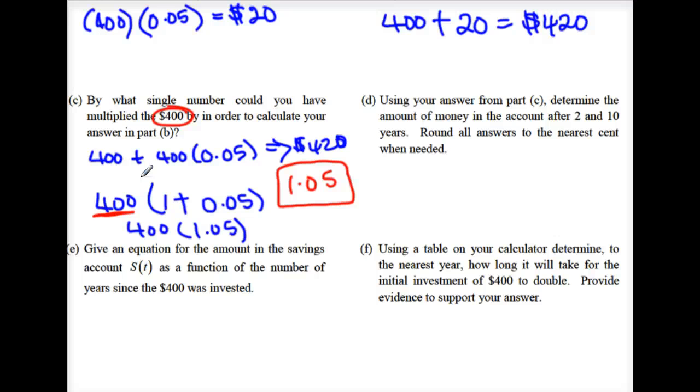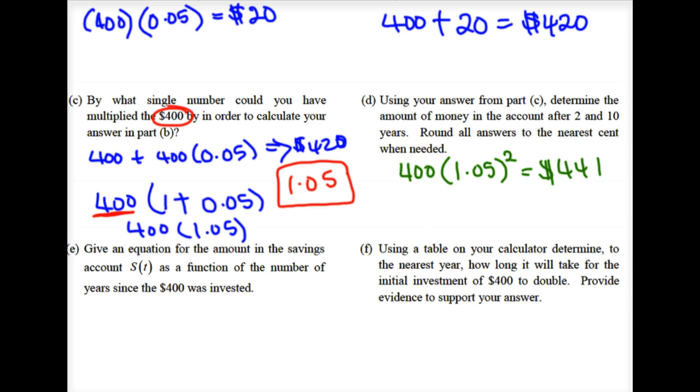Now it says use your answer from C to determine the amount of money after 2 years and 10 years. So think of it now. How can I do this? So 400 times 1.05, and how many years? 2 years. You put this entire thing in the calculator, you will actually get 441.